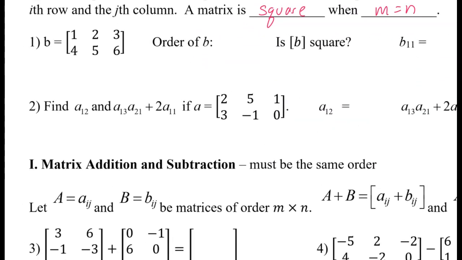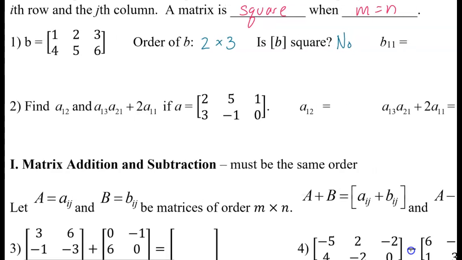How many rows? 2. So this is a 2 by, how many columns does it have? Yes, so this is a 2 by 3 matrix. Is this matrix square? No, right? It's a 2 by 3. These numbers would have to be the same, and clearly it would have to look more like a square itself to be a square matrix.